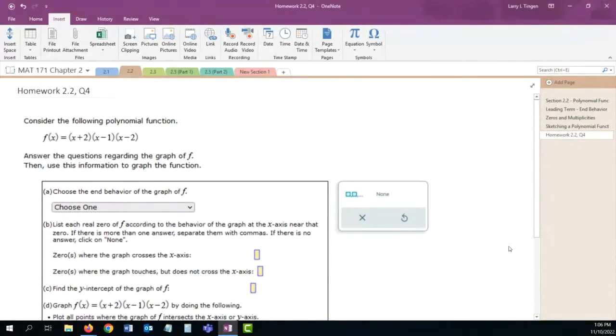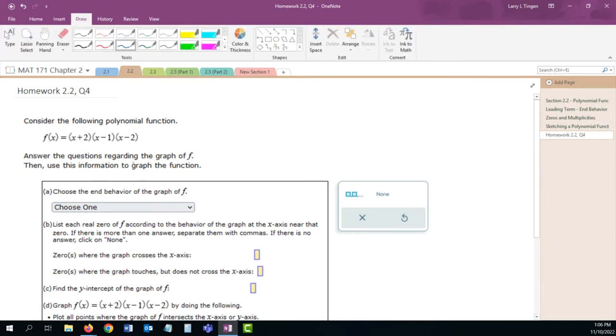Okay, so here is a polynomial function. Answer the questions regarding the graph of f of x. Use this information to graph the function. Choose the end behavior of the graph of f, and end behavior is controlled by the leading term.